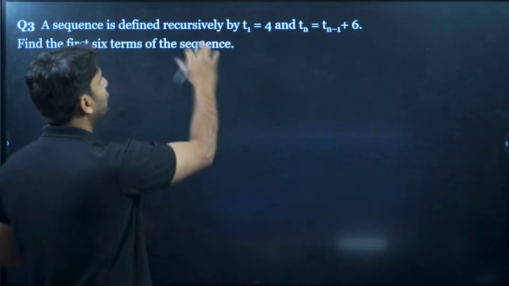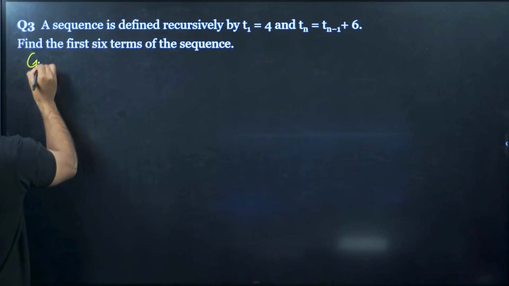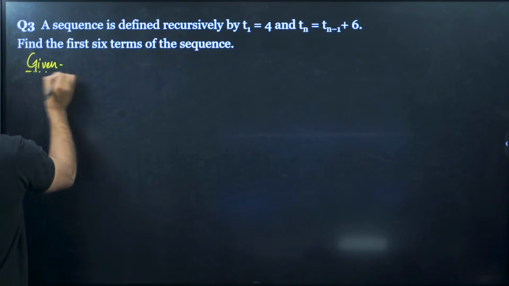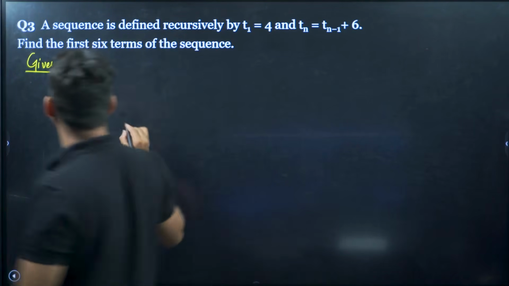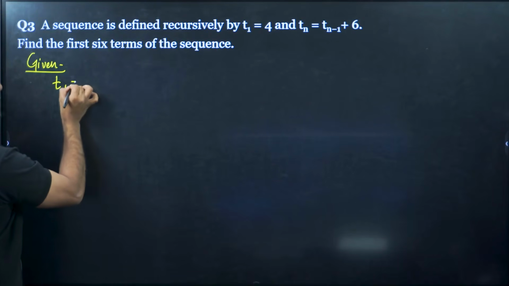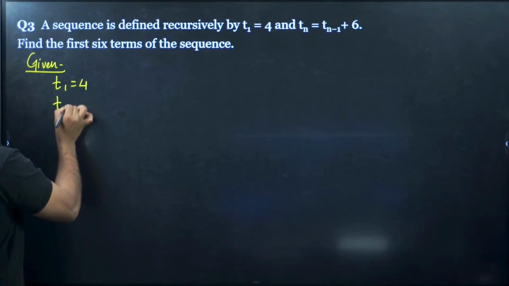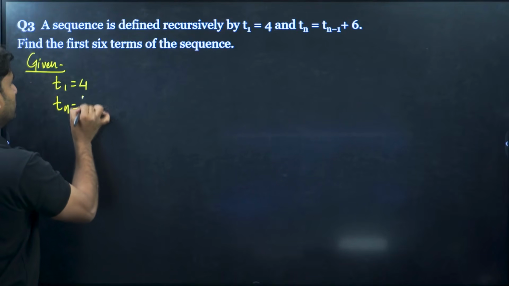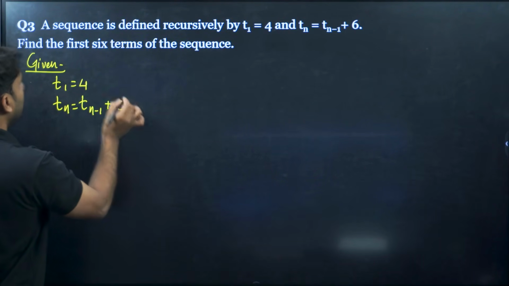Clear? So look at the question. Let me write the given information here. T1 is equal to 4. I hope the screen is visible to you all. And one more piece of information: Tn is equal to Tn minus 1 plus 6. And what we have to do?